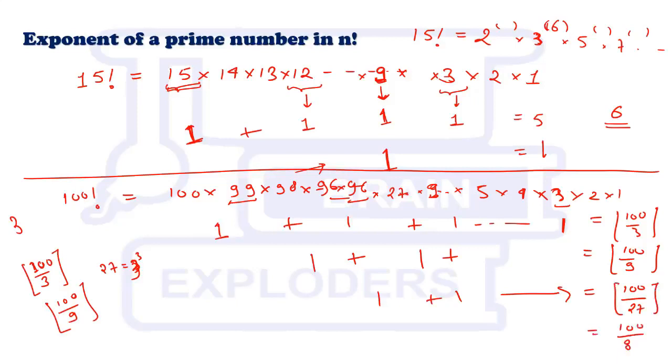For that we take 100 over 81, and in this way, after finding all this, and after the limit, if we take 100 over 243, then it is equal to 0. So taking more rows will not affect anything. So in the end we will have to add all these.